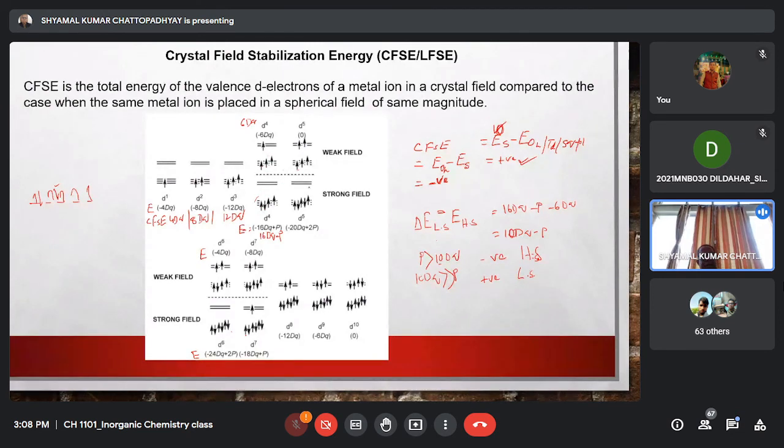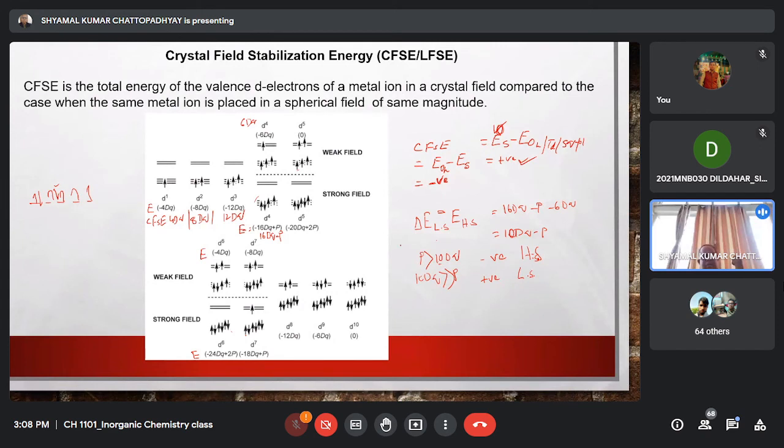On the other hand, if 10 Dq is much larger than P, then the pairing energy needed can be more than compensated by the extra stabilization gained by putting one electron in the t2g orbital. So whether you get a low spin or high spin configuration depends on the fight in energy between the crystal field splitting and the pairing energy.